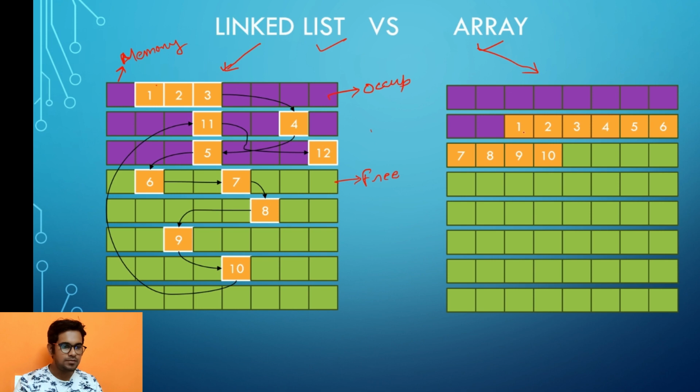Whereas an array will always be in a consecutive manner, in a sequential way. You cannot get one element here and another element here. It's not possible in array.